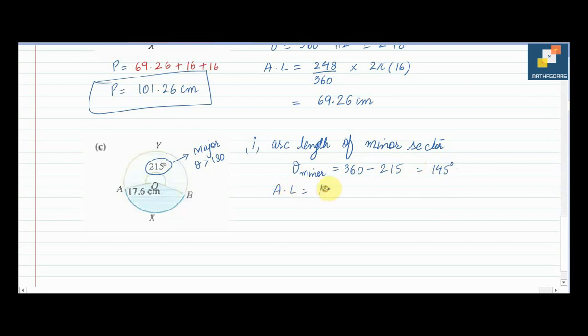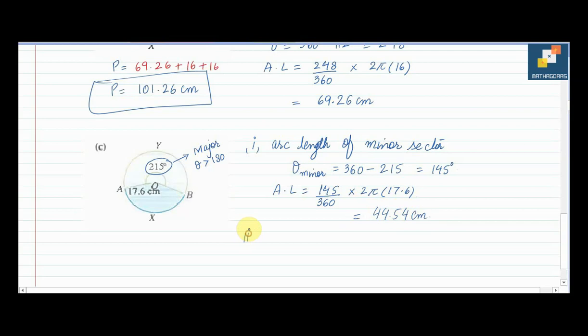Its angle divided by 360 multiplied by 2 pi, and the value of r is 17.6 centimeter. Now you need to calculate 145 multiplied by 2 multiplied by 3.142 multiplied by 17.6 and divided by 360. So it's 44.54, right? So that is the arc length of the minor sector.